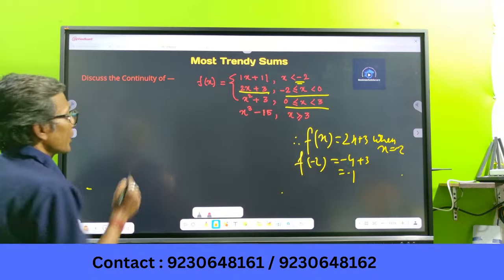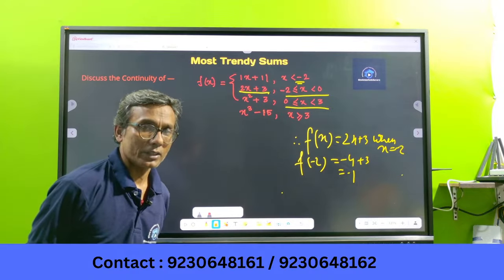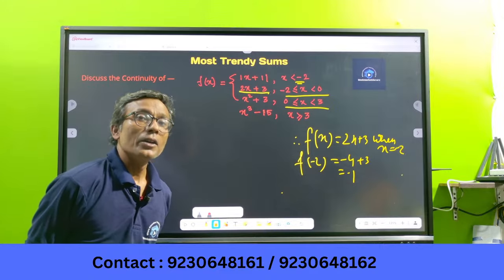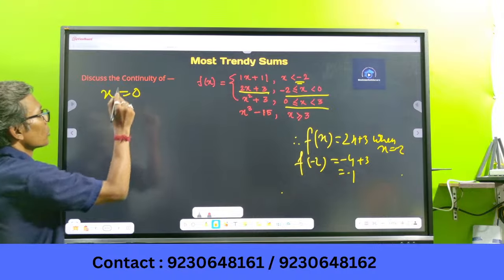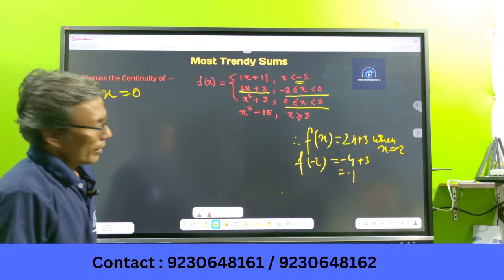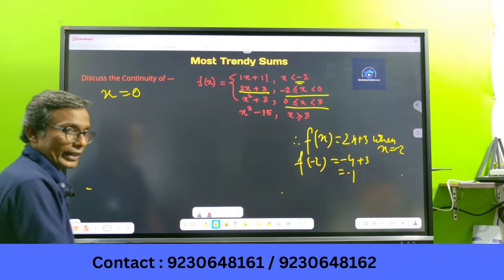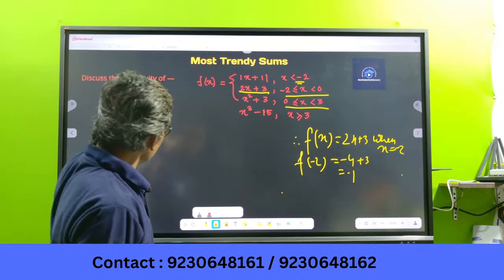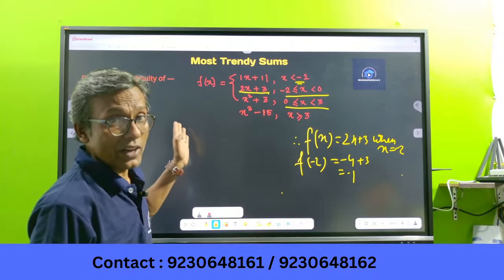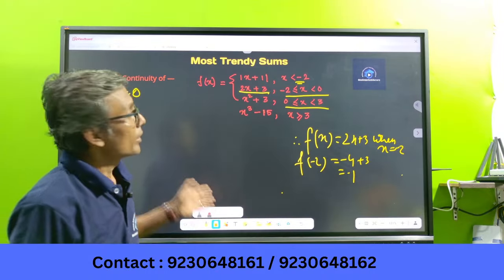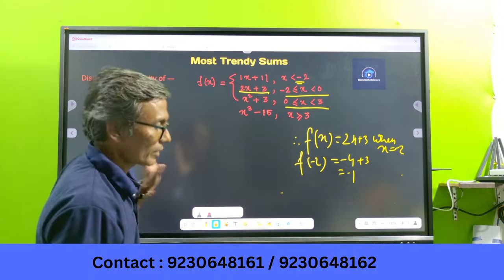So I have to check the continuity of the given function at the point x is equal to 0. In the same way that we have done previously, I am checking whether the function is continuous or not.